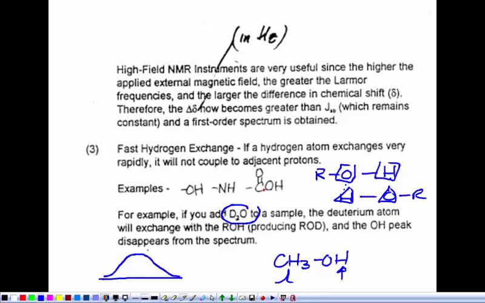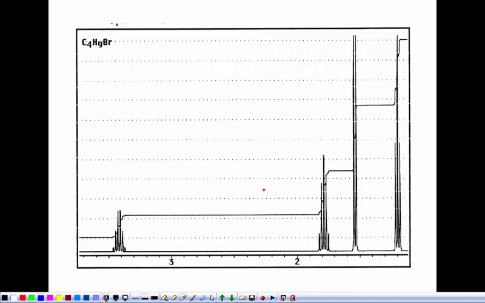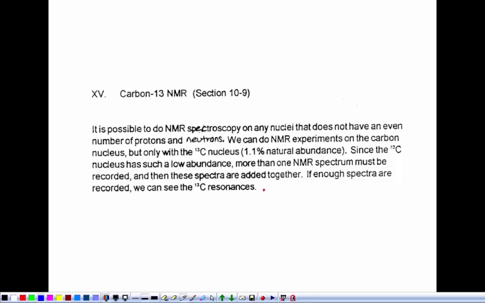As a matter of fact, we can do NMR on any nucleus that does not have an even number of protons and neutrons. Sometimes you can do it, sometimes practically you can't. But one of the problems is this.